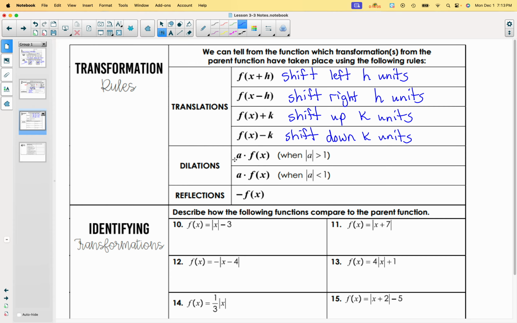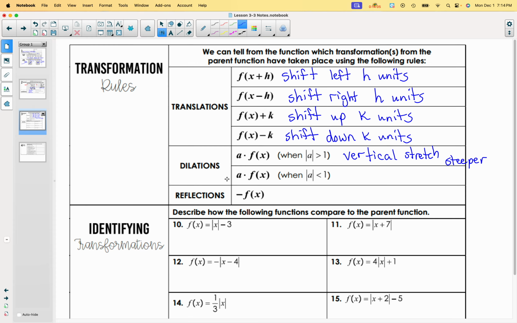The dilations, if you have a constant times your function, if the absolute value of that constant is bigger than 1, so like if you had a 2 times f of x, or a 3, or a 3.5 times f of x, or a negative 3.5, as long as the absolute value of that number is bigger than 1, it's going to be a vertical stretch. And if you have a vertical stretch, it's going to get steeper.